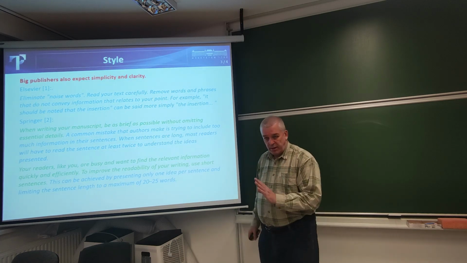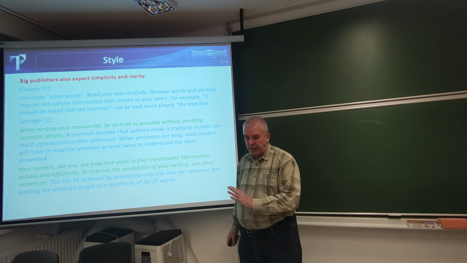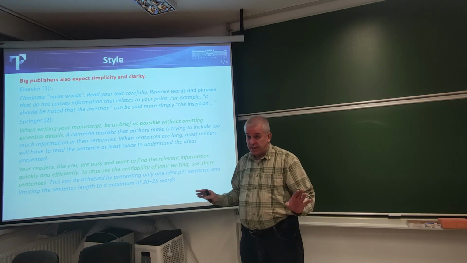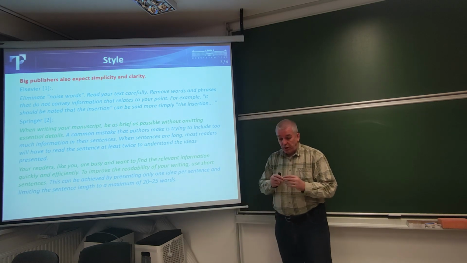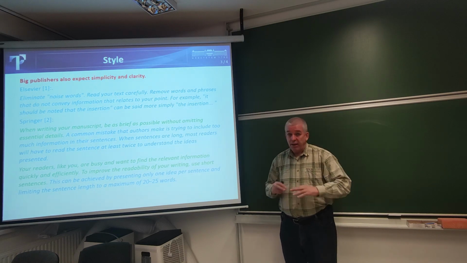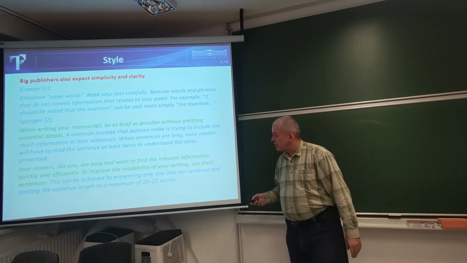If you write a sentence that the reader has to read twice or 3 times, that is bad style. Good style is if the reader reads the sentence once, they can understand everything completely from just one reading.